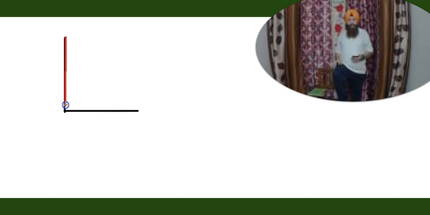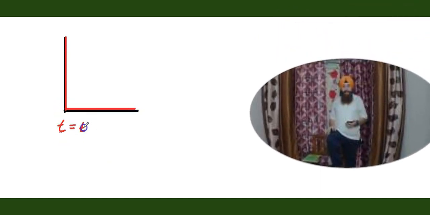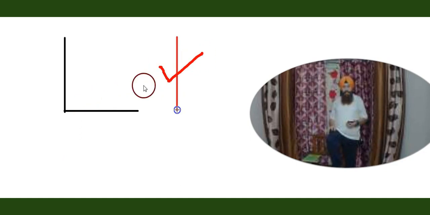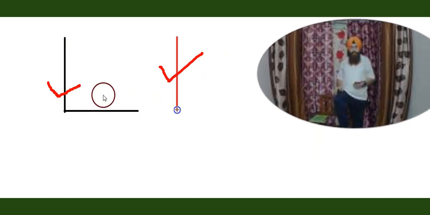Now this is one frame, the black one, and the red frame is the other one, K and K dash, and both were coinciding before. Now what happens? After some time, this frame is displaced from the black one. The black one is K, this is K dash. K dash is now displaced by some distance after some time.